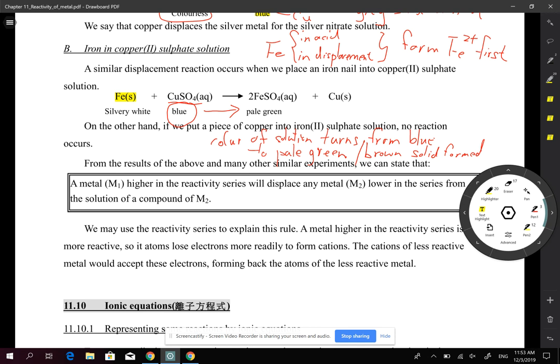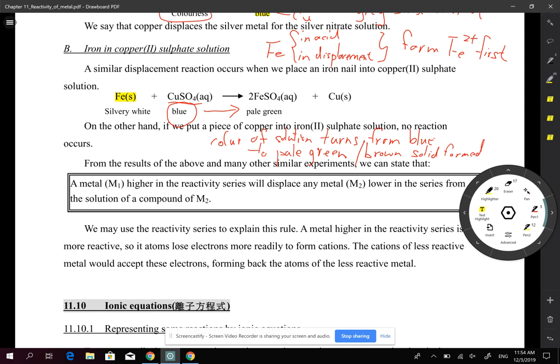Starting from zinc, yes. So can you expect the product formed? Zinc nitrate. Zinc will form zinc nitrate. It is easy, just swap the positions here. But be careful. What is the charge of zinc? Yes, zinc is 2 plus. What is the charge of nitrate ion? 1 minus.